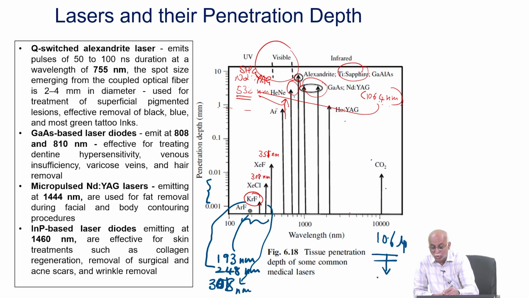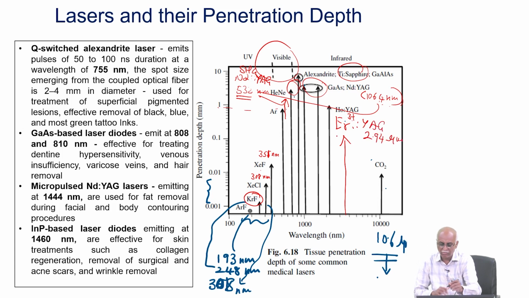Then we also have a laser in the 2.9 micrometer range, the erbium YAG laser, erbium doped YAG, around 2.94 micrometer or 2.7.